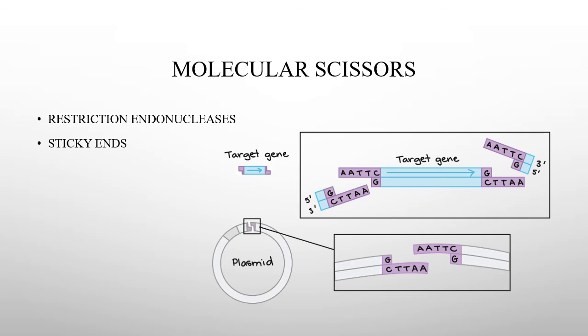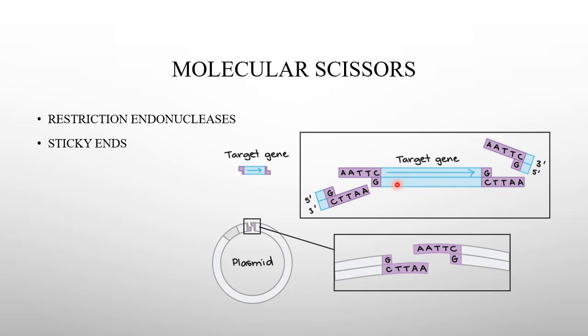These enzymes cut the DNA at very specific sites, and I am showing a piece of DNA. The restriction enzyme cuts the DNA at a specific site. These are the sites: AATTC, shown from 3' to 5' and 5' to 3'.